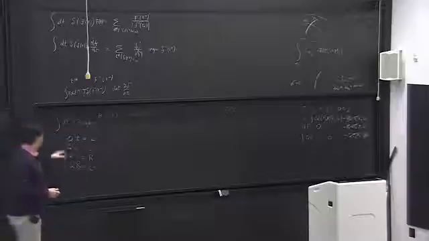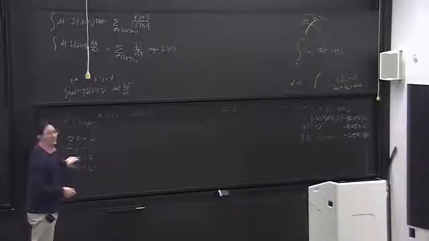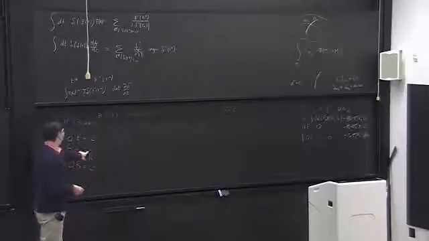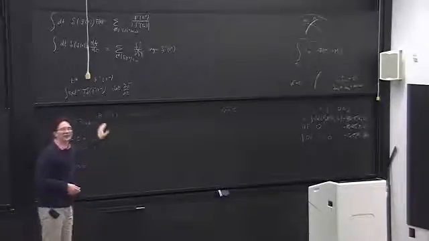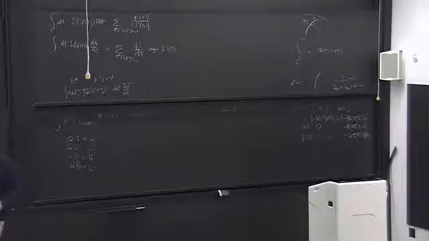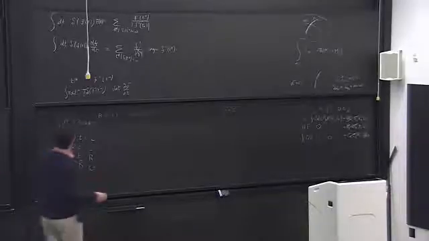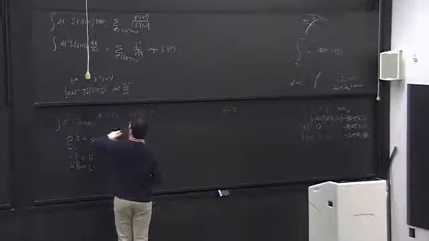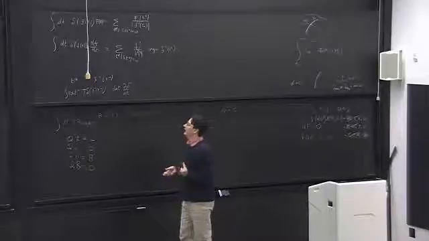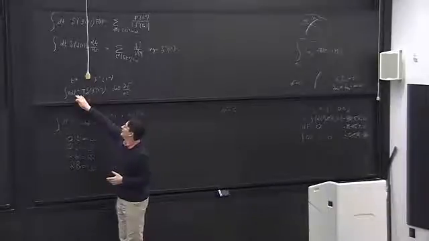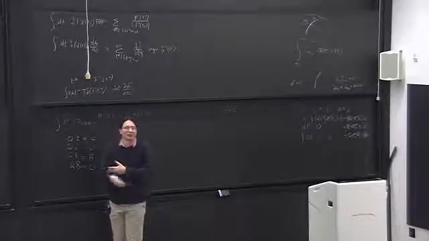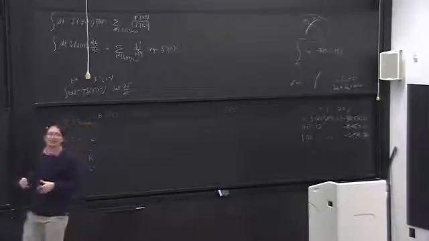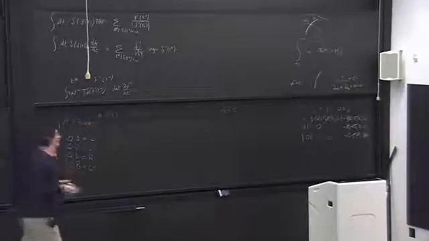So I've paired up the fields and defined the action of Q so that when I act on one of them, I get the other, and when I act on the other one, I get 0. Let's make sure that Q squared is 0. Here I'm assuming that the symmetry I'm playing with is abelian. The integral was just over something that looks like R to the n or a circle to the n.